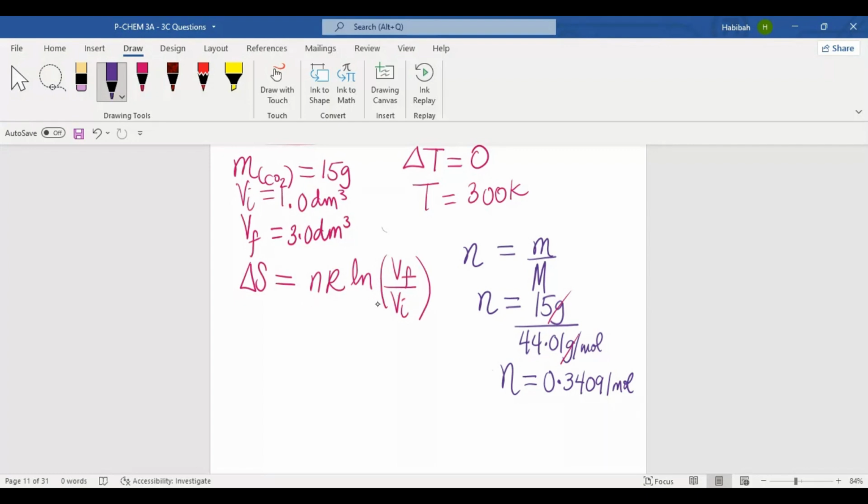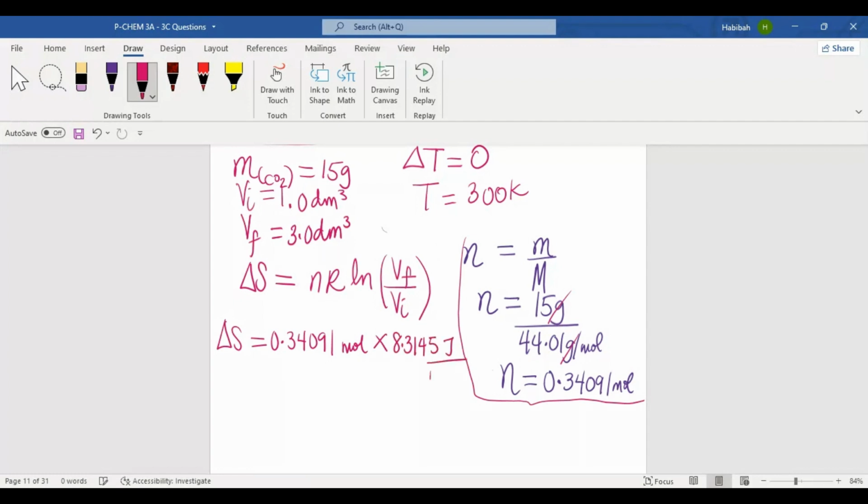So you have the number of moles, you have R, and you have the V final divided by V initial, so you can simply substitute into the equation. The change in entropy is going to be 0.34091 mole times the gas constant, which is 8.3145 joule per mole Kelvin, times ln of V final divided by V initial.